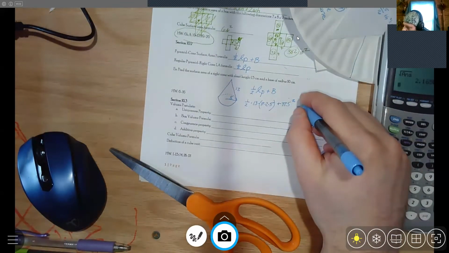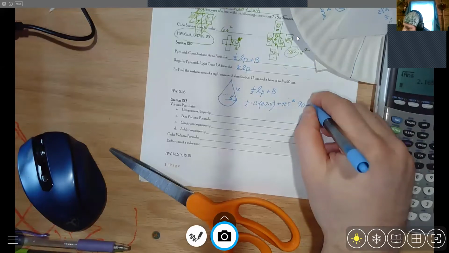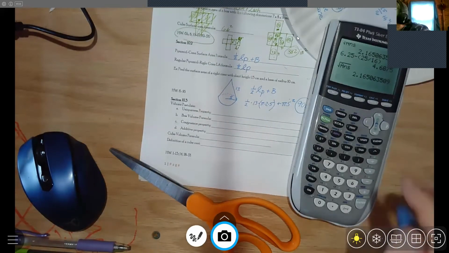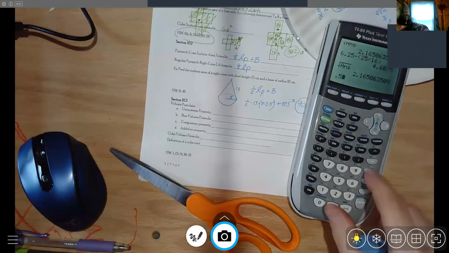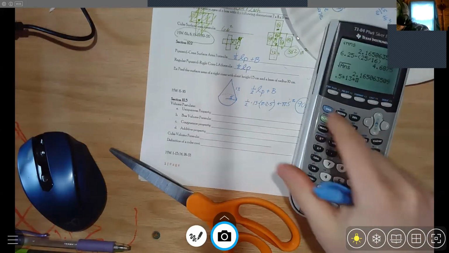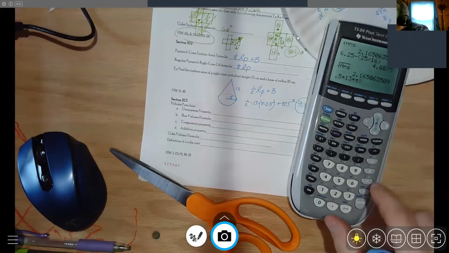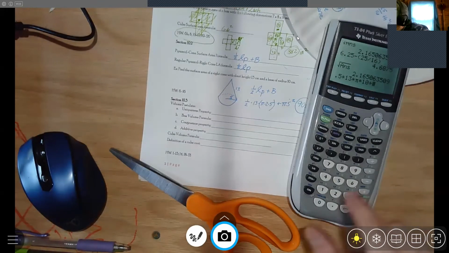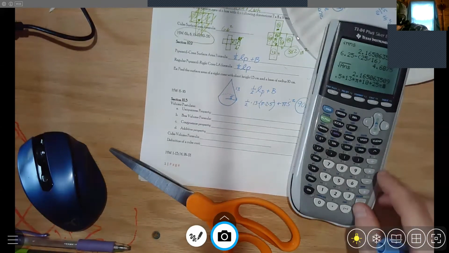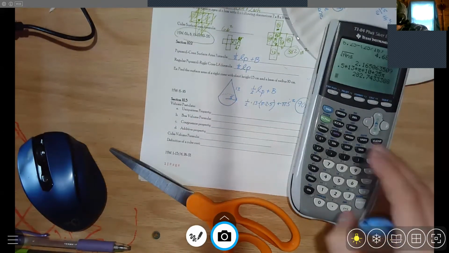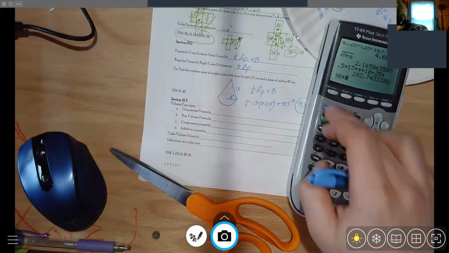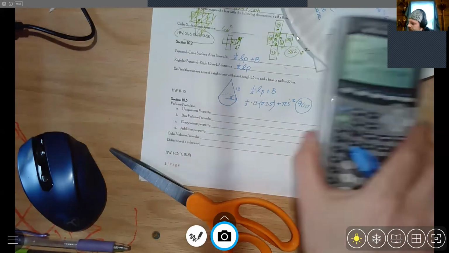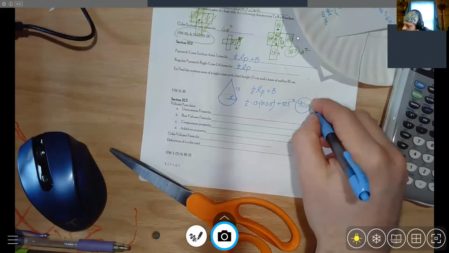That's 90 pi. Double check on the calculator. That's in centimeters squared.